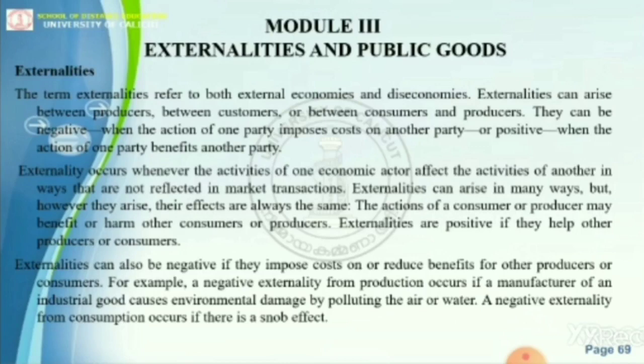Say I am interested in buying a rare painting. The rare things are not available in large numbers in our economy. So when I occupy that product, the chance for another person to occupy the same product is very low. Sometimes it is zero. So that is a negative externality.